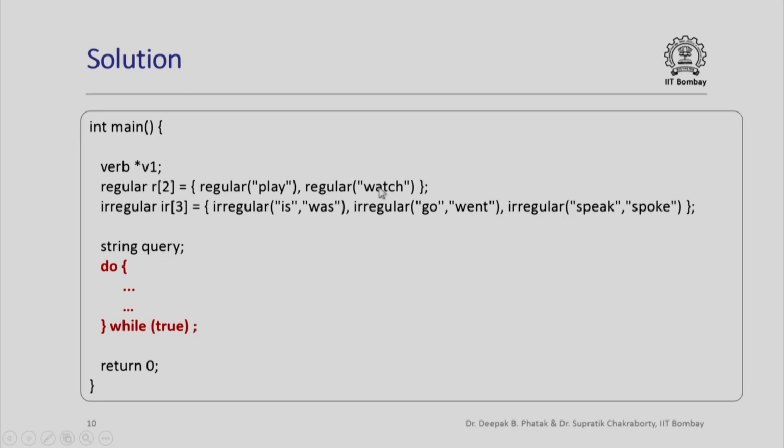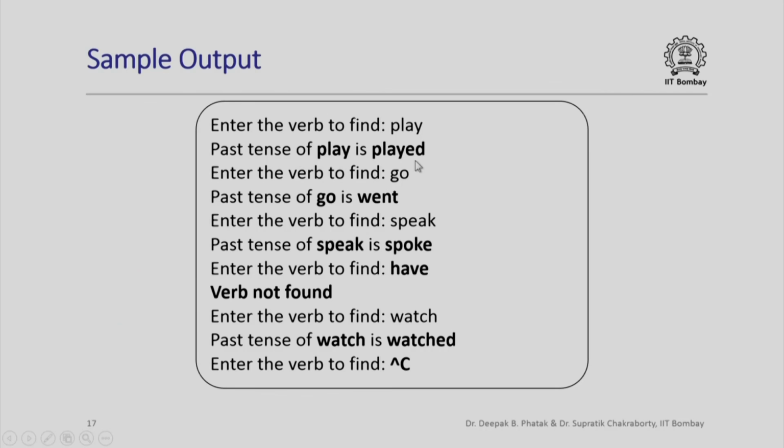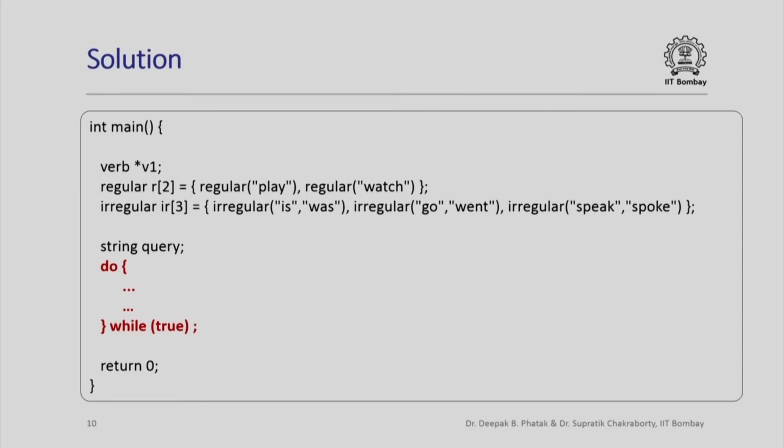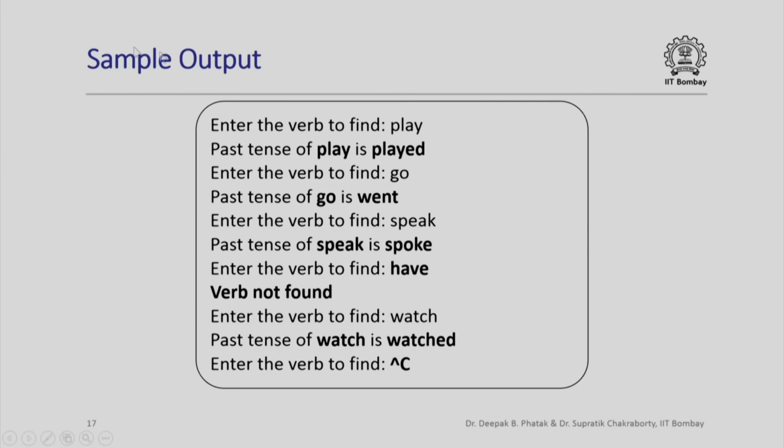So play is going to be found there, and it will say past tense of play is played. If I enter go, then because go and went were already used to initialize the array of irregular verbs, it will find it in the array of irregular verbs and it will say past tense of go is went.